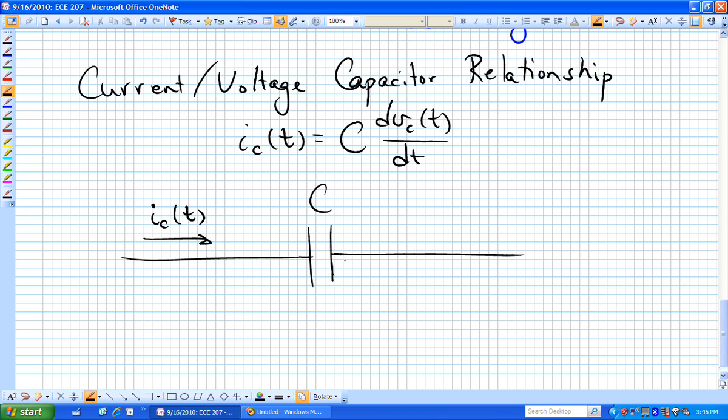There's not any current actually going across that gap, but the change in voltage causes the charge to vary, and effectively you have current flowing through that circuit. That goes into the positive side of the capacitor. That passive sign convention is consistent with the current-voltage relationship I is equal to C dV dt.